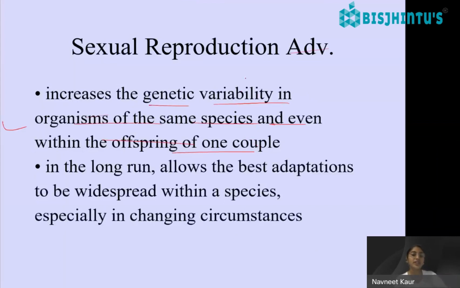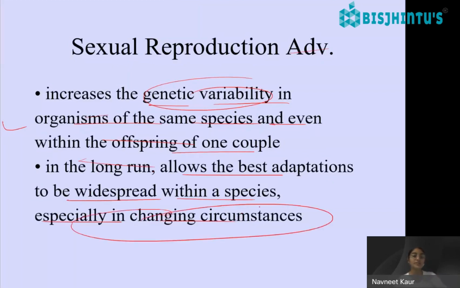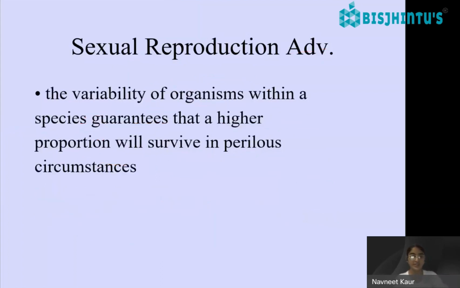So sexual reproduction is very important for bringing genetic variations. In the long run, it allows the best adaptations to become widespread within a species, especially in changing circumstances. In the long run, sexual reproduction is one of the best methods for bringing adaptations, especially in changing circumstances.